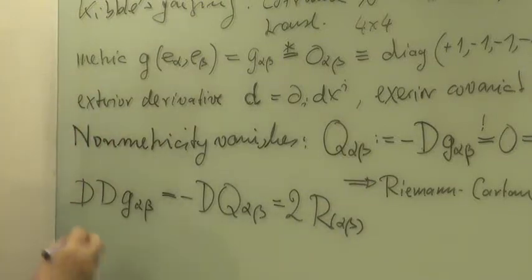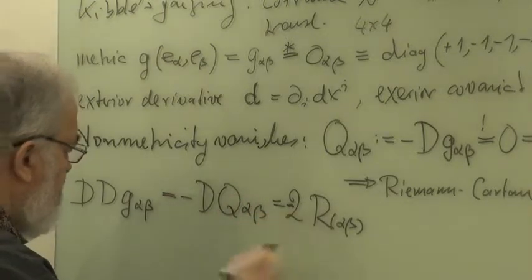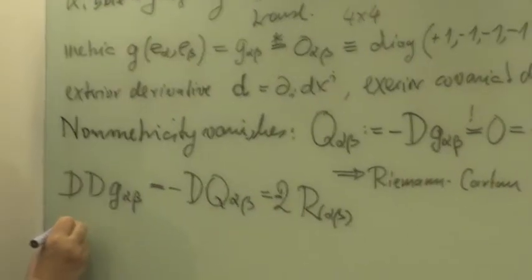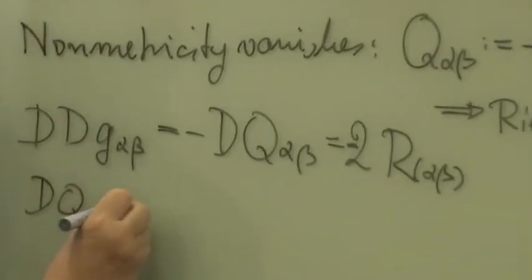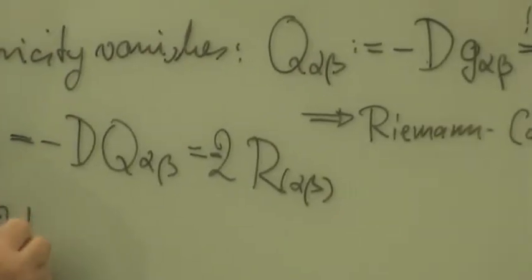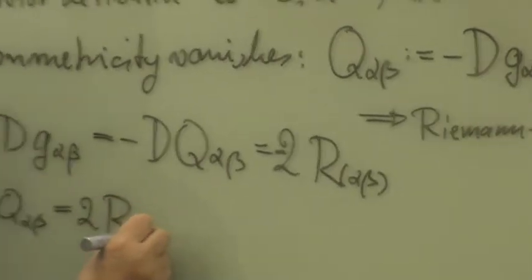No, there is a minus missing. Wait a minute. This is a minus here, and you get here also minus, and as a consequence you get D Q alpha beta equal to 2 times R alpha beta.